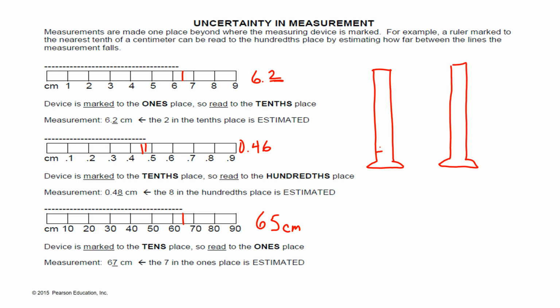One of them might mark 1, 2, 3, 4, 5, 6, 7, and then this one, and I know they're not.